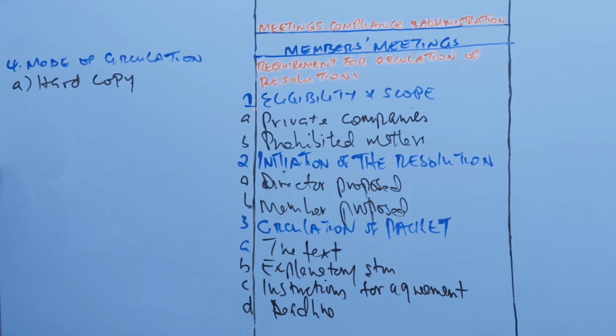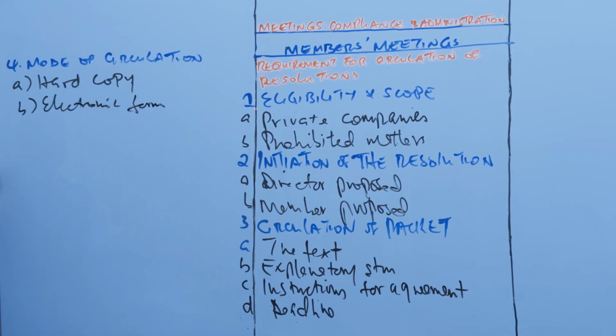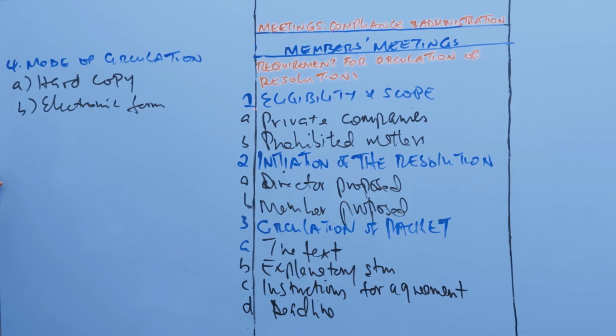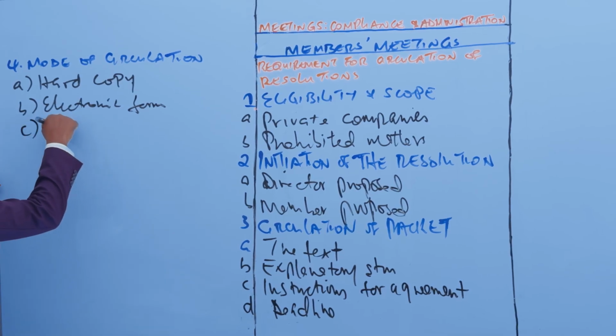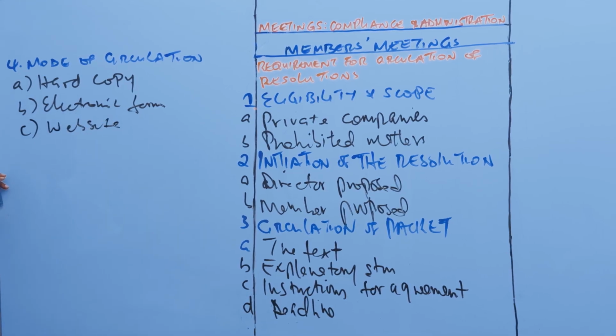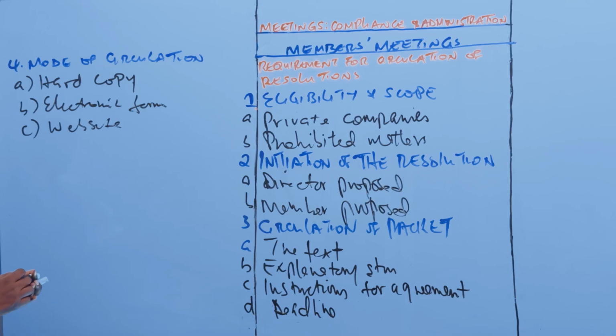It can be sent through electronic form, like you email to the address provided by the member, or it can be posted on the website. You can upload the resolutions to a secure portal and then notify members of its availability. Understand? Yes. That is number 4.